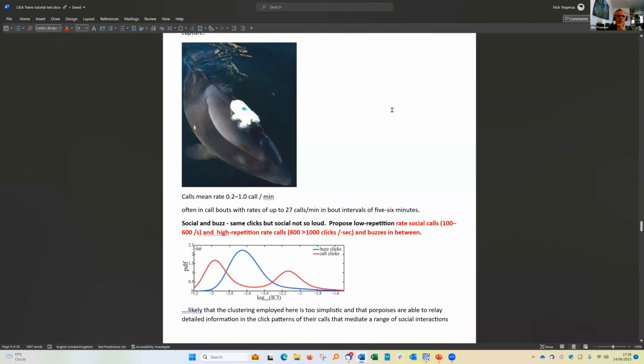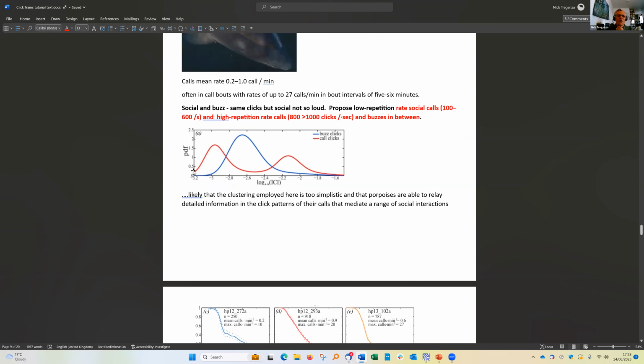They came up with this rate-based classification of what was a call, which is the red line, and what were buzzes. So they've put buzzes in between two groups of social calls, one going from 100 to 600 clicks a second, and one going from 800 to 1,000. I'm glad they wrote it as clicks per second, because for the life of me, I find negative logarithms of inter-click intervals extremely user unfriendly.